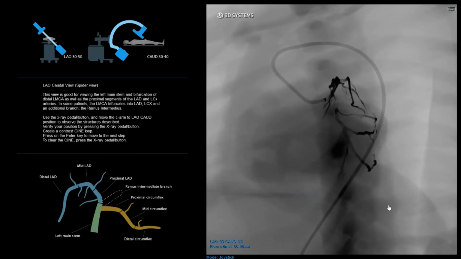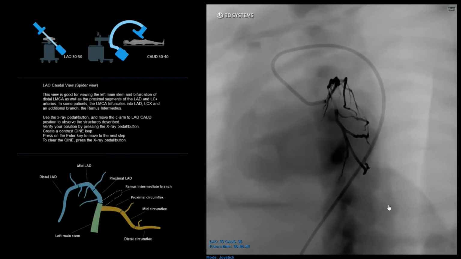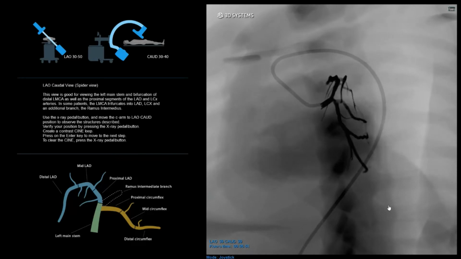Typically, you can see the left main nicely laid out, both proximal and distal left main along with the bifurcation. So this is a beautiful view for the ostia of the circumflex as well as the LAD. And if there is a ramus vessel, you see it right in between the LAD and the circumflex, which we are not seeing in the angio itself. But if you look at the pictorial, you could see where the ramus would potentially come in.